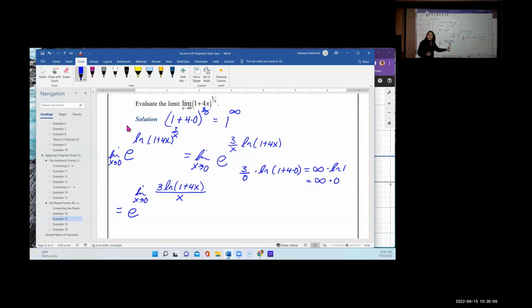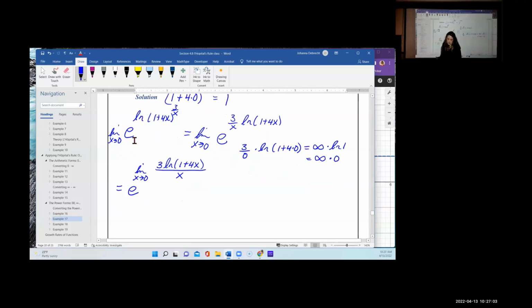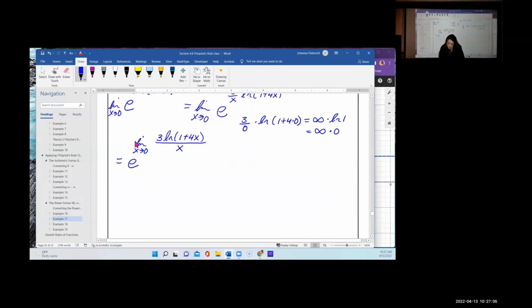And now I need to evaluate it again. So I'm going to substitute in the value x equals 0 again. So this is going to give me 3 natural log of 1 plus 4 times 0 over 0, which is 3 times the natural log of 1 over 0, which is 0 over 0.